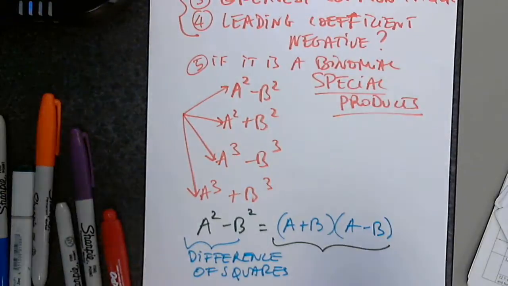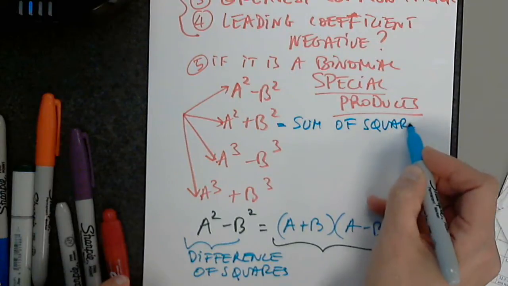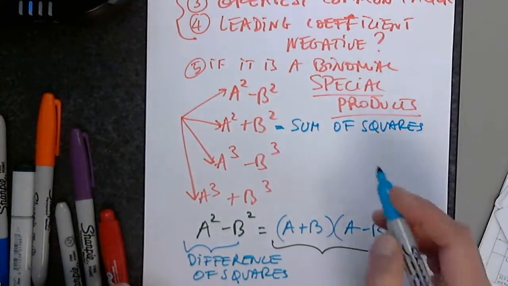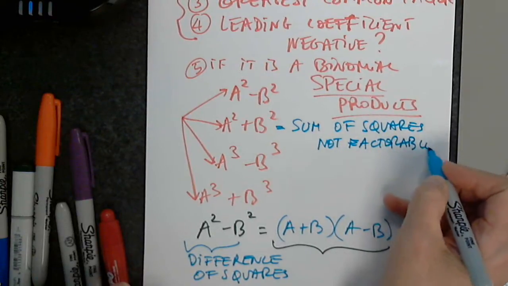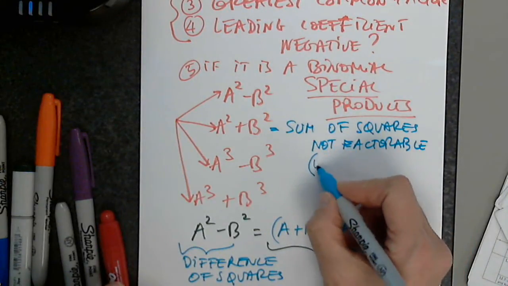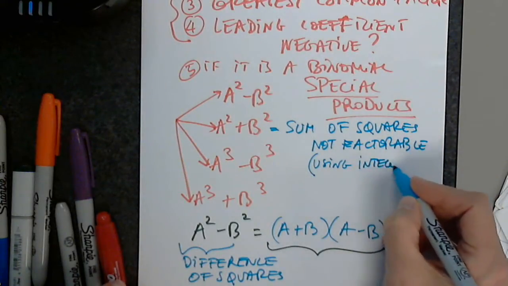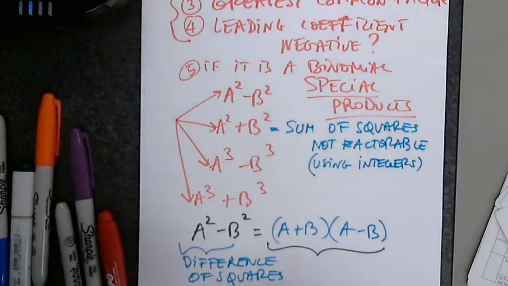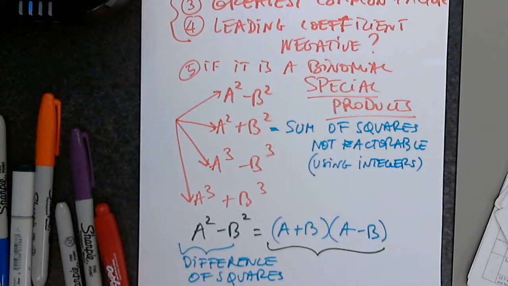Okay? This one is the sum of squares. It's not factorable. To be exact, I should write not factorable, and I'll put in parentheses using integers. It could be factorable, but we're not really interested, most of the time, in factoring if it's not with integers.